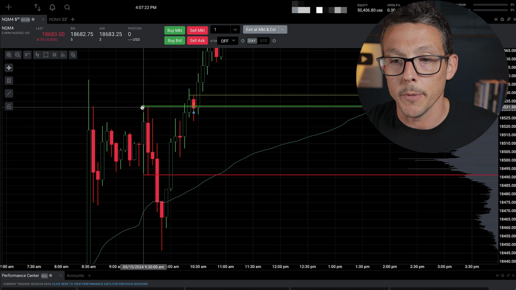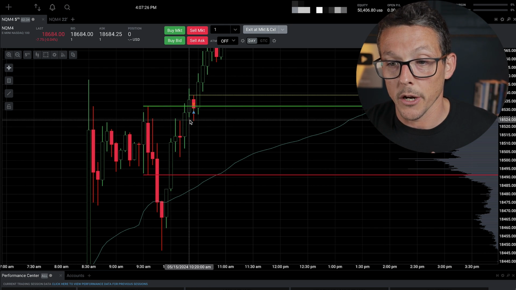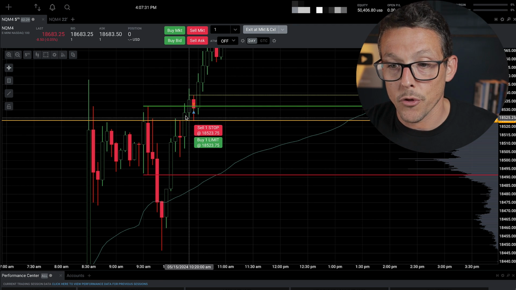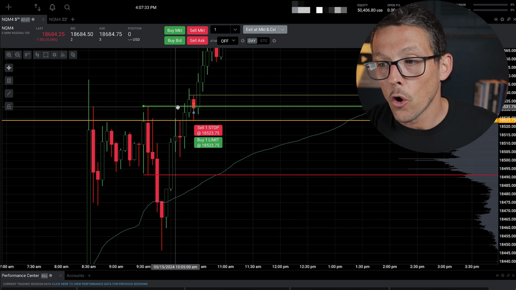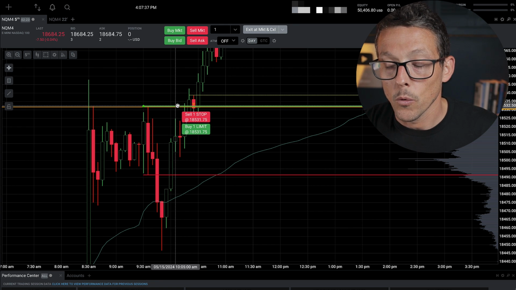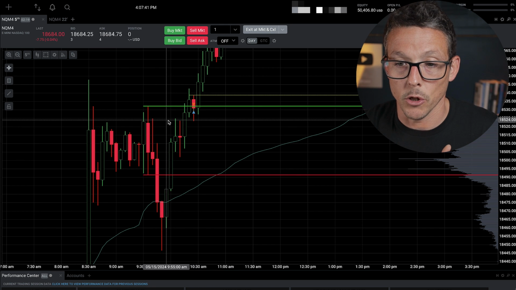I was going to target the high of that range. So I was going to try to scalp from here at 23, pretty much 24, all the way up to here, which was 31.